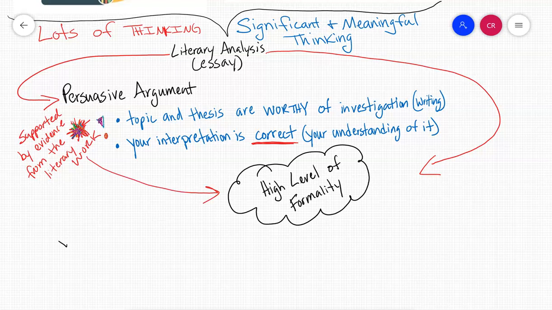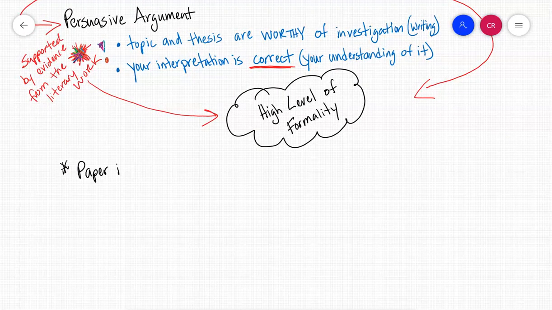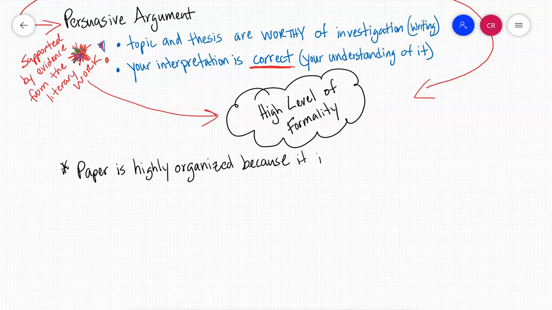This paper is going to be highly formal. And the reason for this is because the paper is highly organized. And it's highly organized because it is complicated. So when you write about complicated ideas, you end up with a high level of formality and you end up with a highly organized paper.